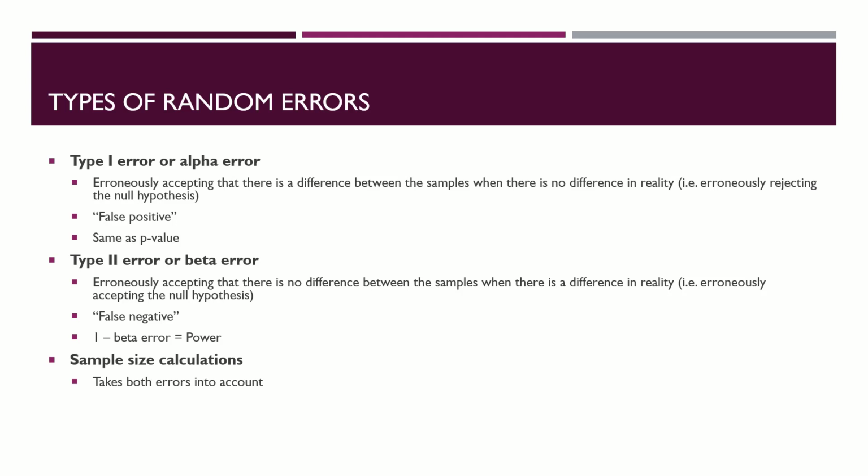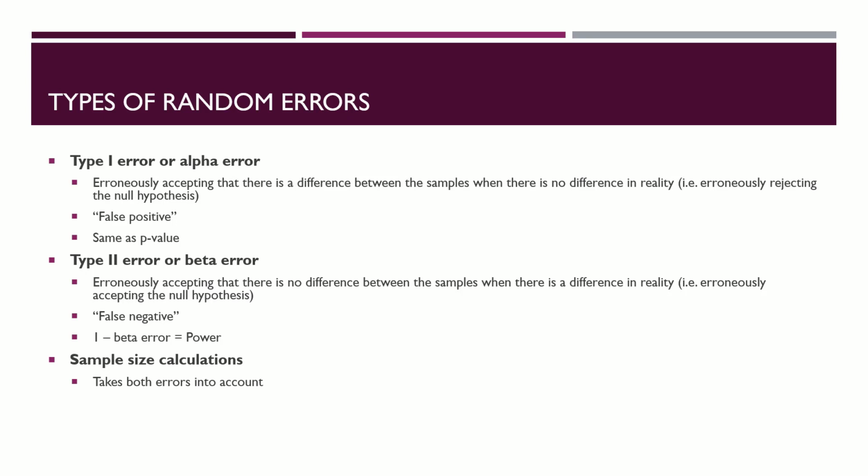This, of course, could have happened by chance, as we just saw in the previous slide, but the authors are concluding that there is a difference between the first sample and the second sample. So they have erroneously accepted that there is a difference between the samples when there is no difference in reality. That means they have erroneously rejected the null hypothesis.